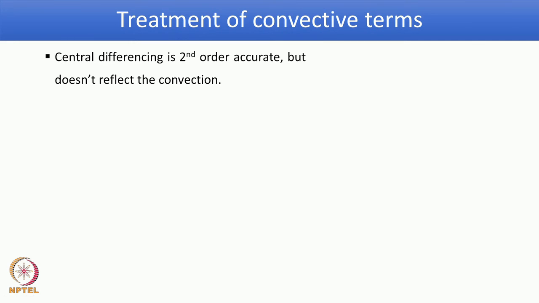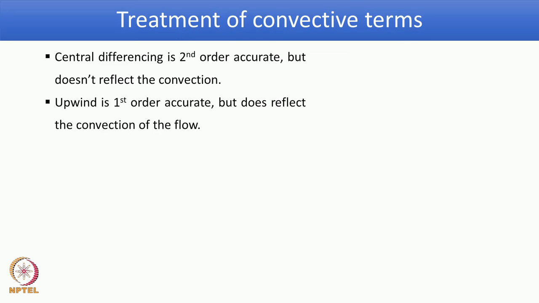So, next we will see that the central difference scheme is second order accurate, but it does not reflect the convection, whereas the pure upwind scheme that we have just seen is first order accurate. As we have seen, it only takes the nodal value upstream of the face for the respective direction of the flow, whereas it does reflect the convection of the flow.